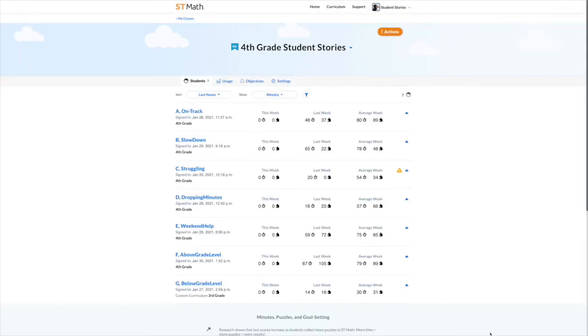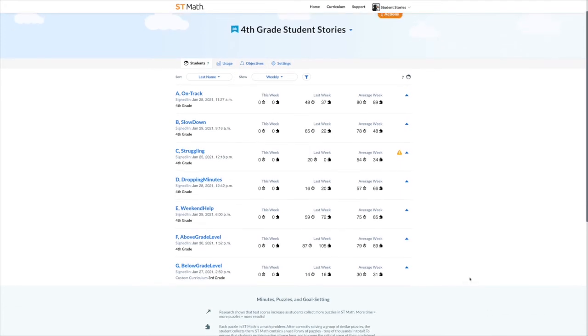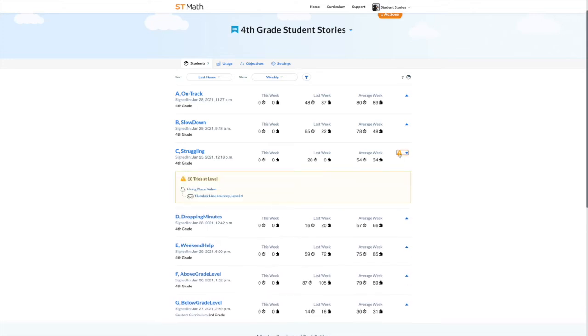As students are working through the objectives, teachers can see all the students' progress and can easily see if a student is struggling too much in any one area. Notice this alert tells a teacher this student has tried a level 10 or more times. It's time to intervene.